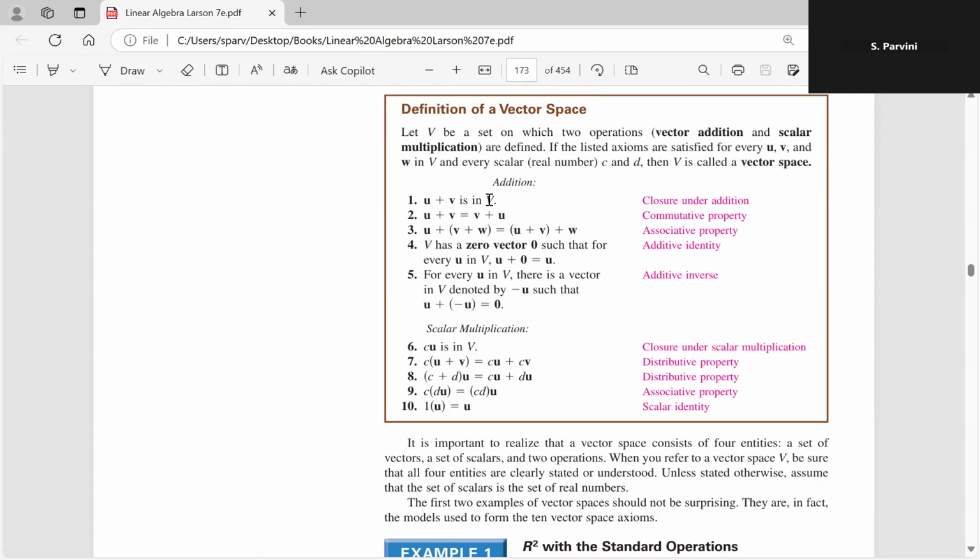And then you have the other ones, the commutative, associative, the 0 vector, the additive identity is there. Additive inverse must be there. So every vector space must have an additive identity. That means 0. When 0 is in a vector space, we say the space is a non-empty space.